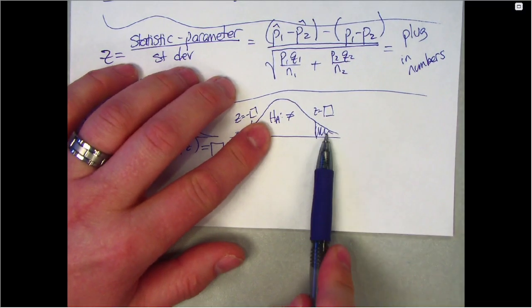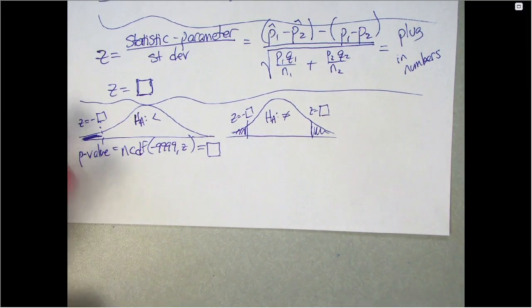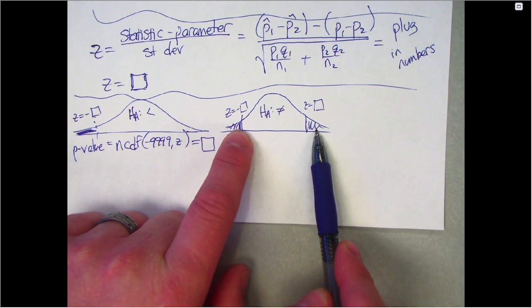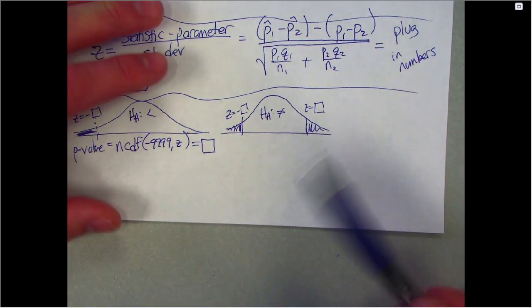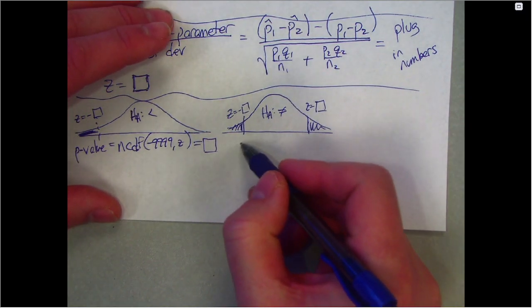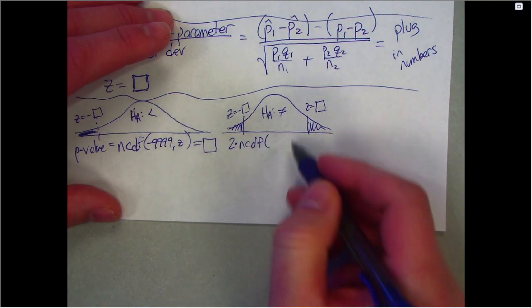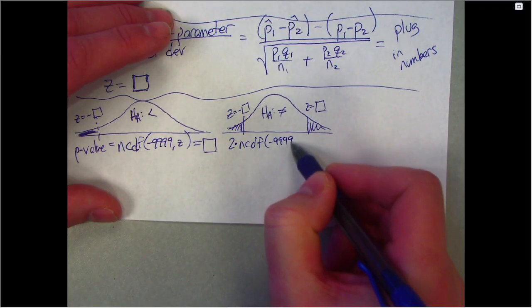So you might get this, but you have to put both if it's not equal to. And then the p-value, remember, is find either one of those that you want, and then do what with it? Double it, because there's 2 of them. So in this case, it would be 2 times normal CDF. We can do either one. I'll say negative 999 up to Z.